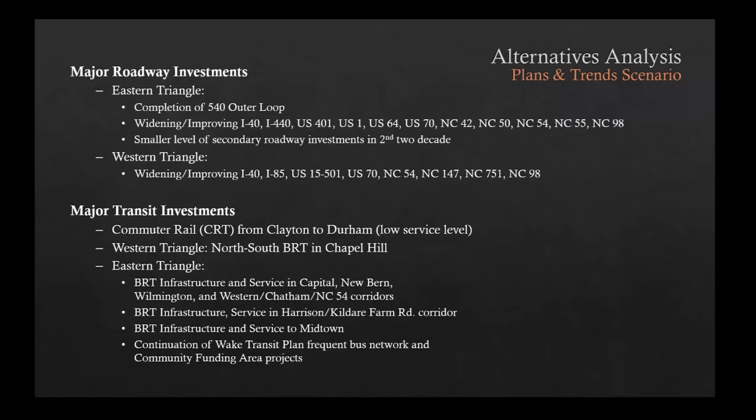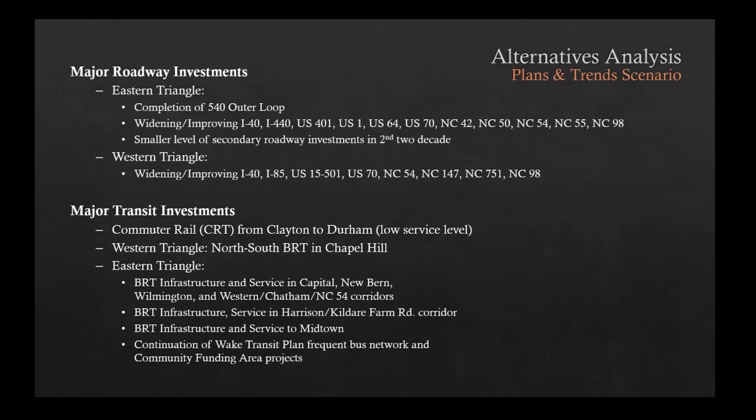In that trend scenario, what we're assuming in the transportation network, there's a lot of projects here. I'm not going to go over all of them, but some of the key ones, we're going to finish the 540 outer loop. As you can see, we're making improvements to all the interstates and all the major roadways. One important element is the commuter rail going from West Durham over to Clayton, and that is at a low level of service.